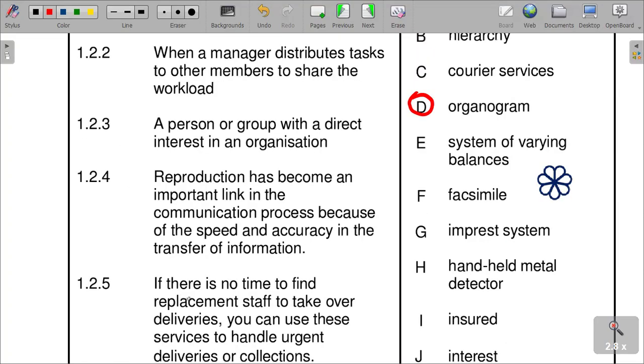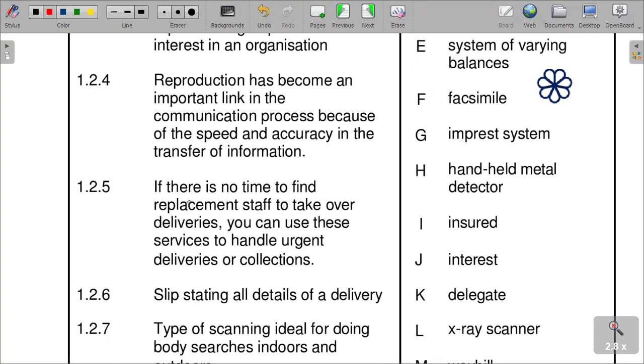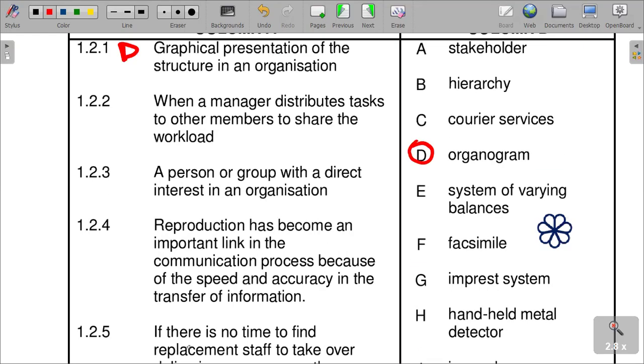When workload is shared among members, it is called delegation, which is K. K is delegation. Delegation is the one that explains the distribution of tasks to other members, so that workload is shared.